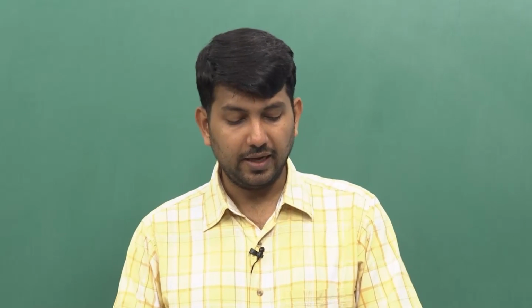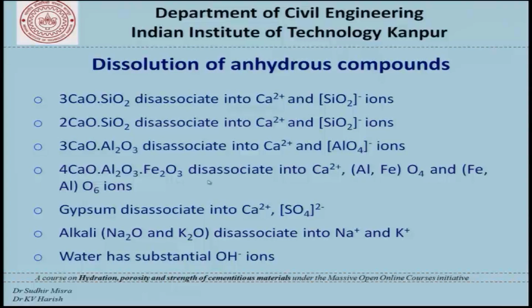In the fourth one, you have tetracalcium aluminoferrite dissociating into calcium 2+ ions and aluminium iron O4 ions or iron aluminium O6 ions, and you also have the fifth compound, gypsum, dissociating into calcium ions and sulfate ions, SO4 2-.